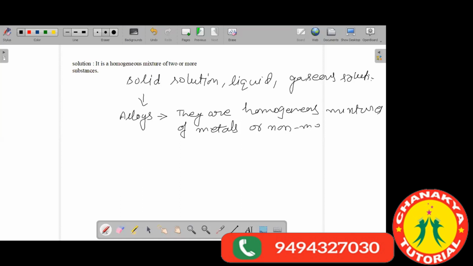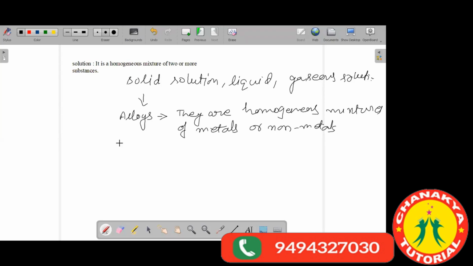If you have two metals or a metal and a non-metal mixed together, they form an alloy. In whatever alloys we see, the constituent particles do not lose their properties. However, we are adding some extra properties also.